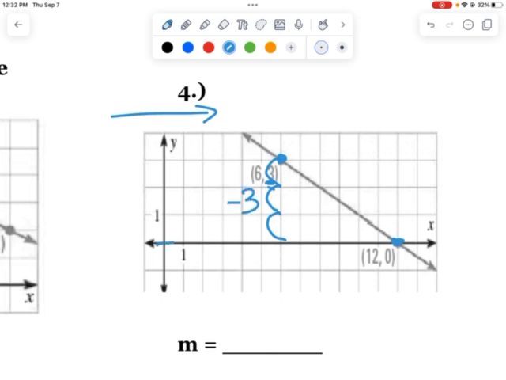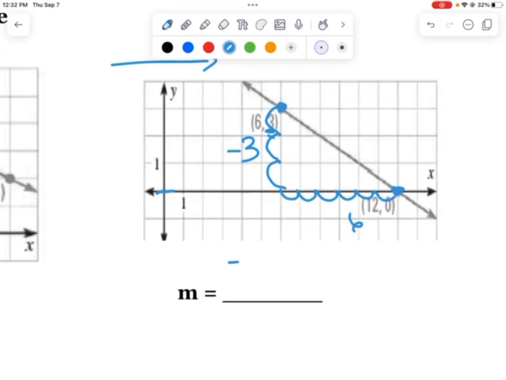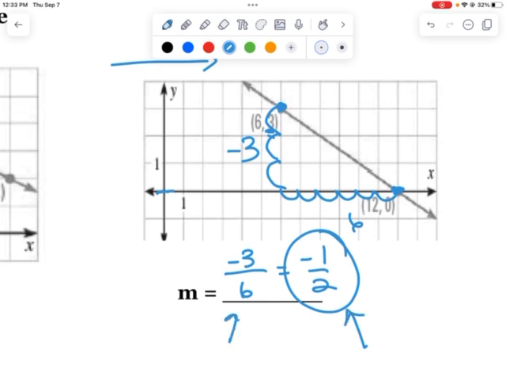So I went down 3 and then over 1, 2, 3, 4, 5, 6. My slope is -3/6, which can reduce to -1/2. This is your full credit answer. -3/6 would be like your half credit answer. Okay? Always reduce if you can.